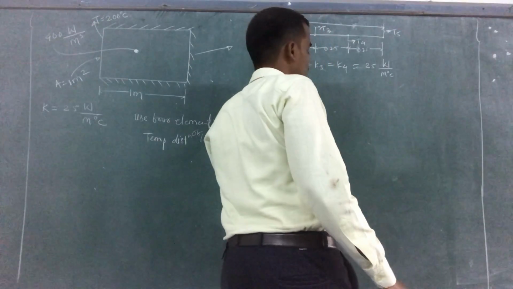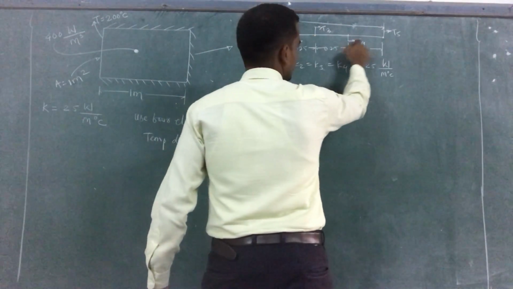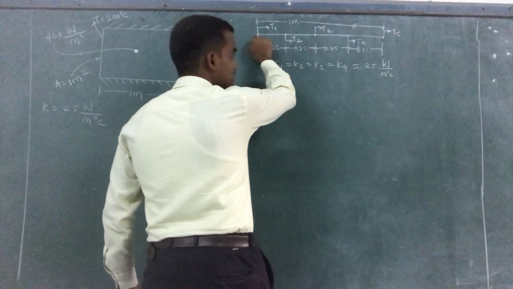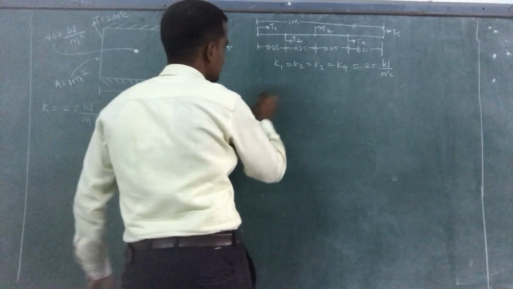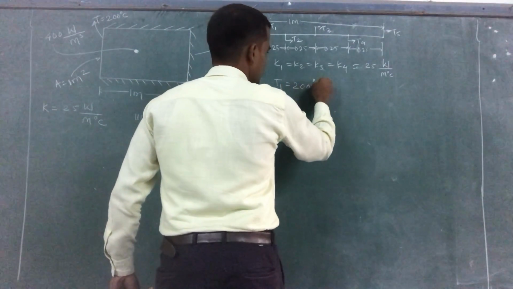We need to find out the temperature distribution, meaning T1, T2, T3, T4 and T5. But the left-hand side is maintained at 200 degrees Celsius, so the value of T1 is equal to 200 degrees Celsius.